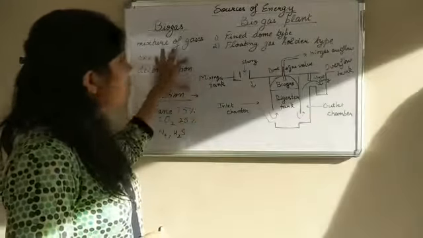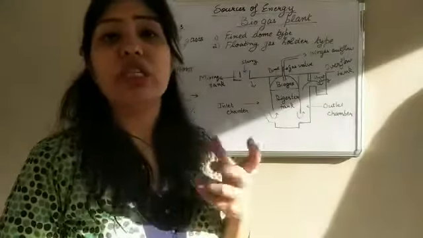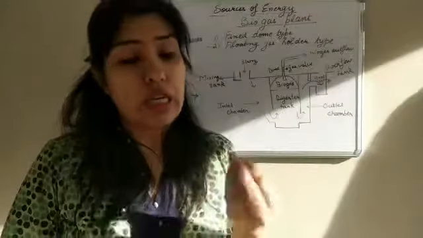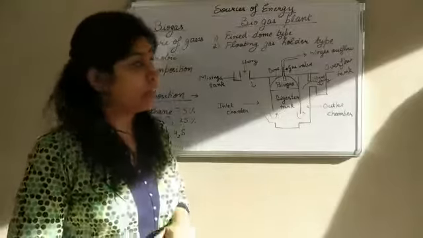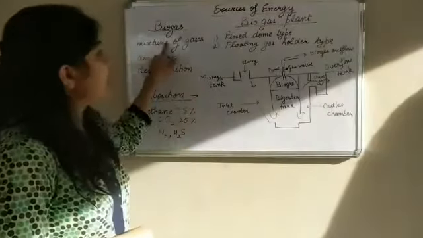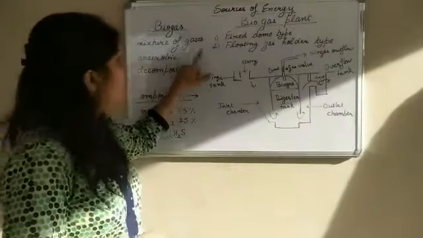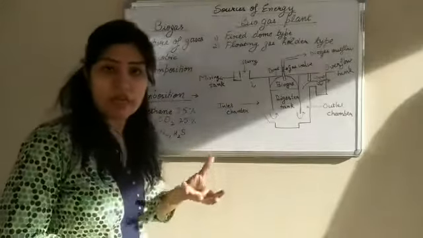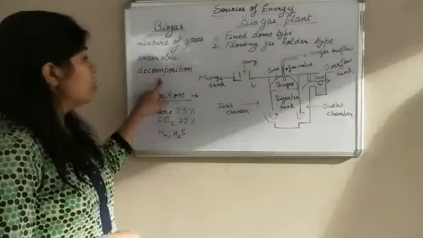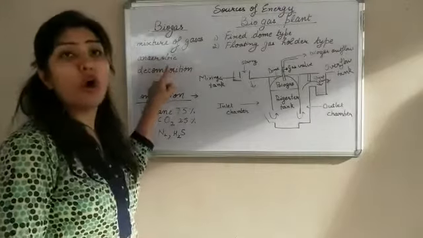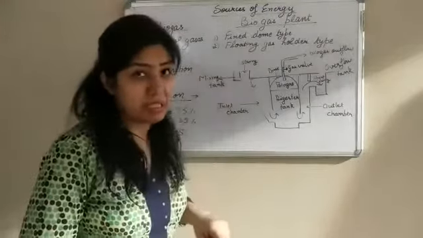So, whenever your biomass undergoes degradation, it gives out a gas. That gas is called biogas. Biogas is basically a mixture of different gases resulting from anaerobic decomposition. So, this is the principle on which a biogas plant can be set up.